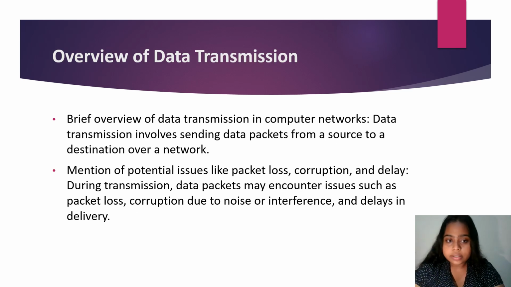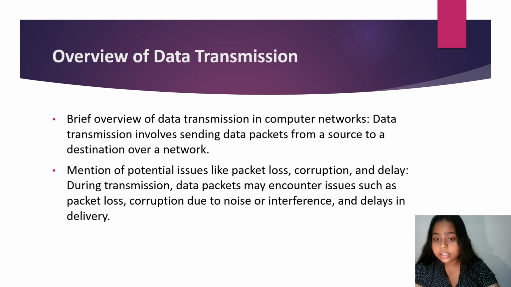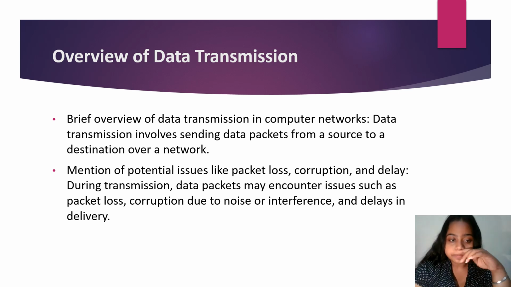Overview of data transmission. Brief overview of data transmission in computer networks. Data transmission involves sending data packets from a source to a destination over a network. Mention the potential issues like packet loss, corruption, and delay. During transmission, data packets may encounter issues such as packet loss, corruption due to noise or interference, and delays in delivery.